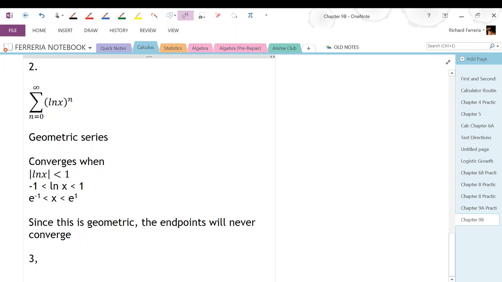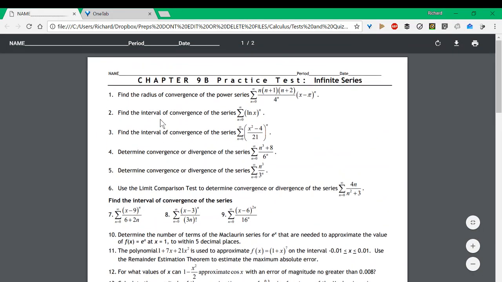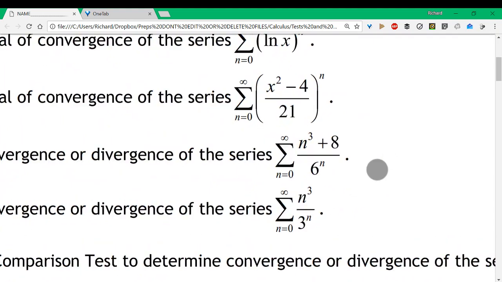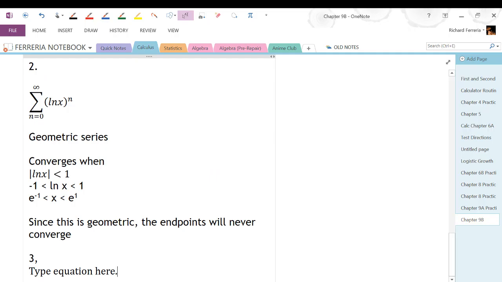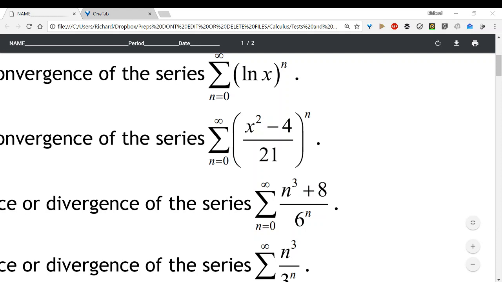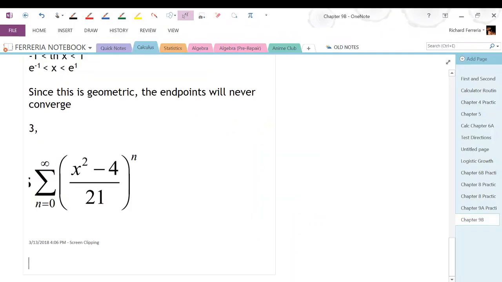Question 3 is another series. We expand the absolute value into negative 1 and 1 when you can't isolate that, right? Okay, so let's get that series here. I mean, that one's pretty hard. All right.